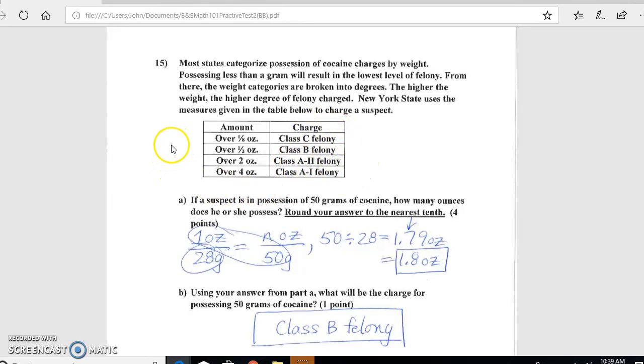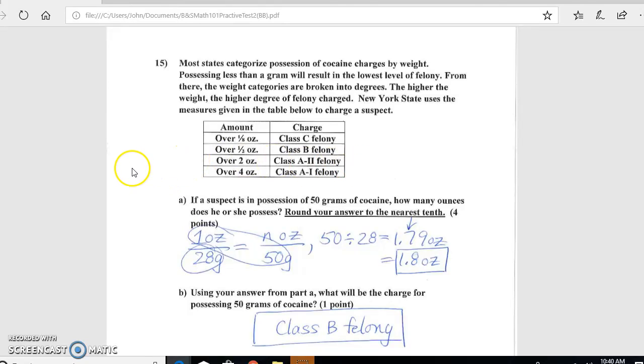So for an amount that is over 1/8 of an ounce, but still less than half an ounce, the charge would be Class C felony. If the amount goes over 1/2 of an ounce, then the charge would be Class B felony, and so on. If the amount is over 2 ounces, the charge would be Class A2 felony.